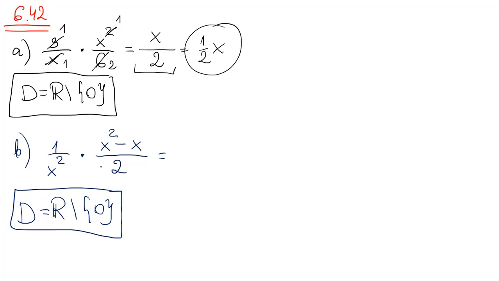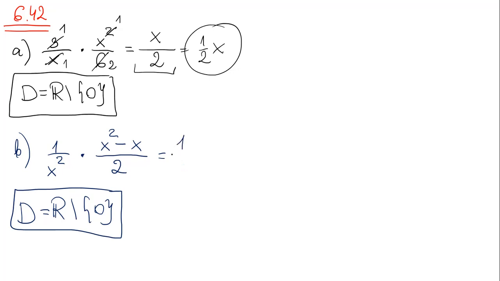And now let's take a look if we can cancel down these two fractions. Can we do it? At first sight, it's not that obvious that we can cancel x squared and x squared minus x.